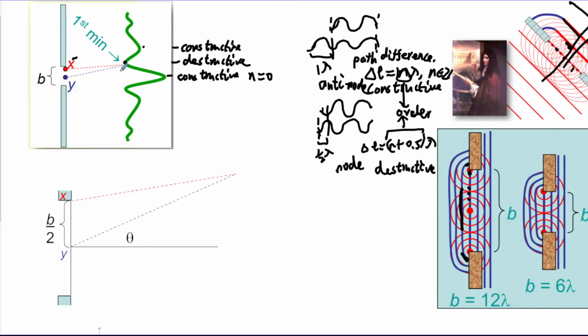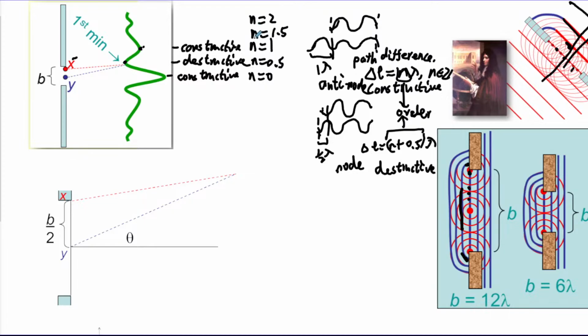The second one is a little bit off. The one in the middle is going to travel further than the one from the side, as seen in the picture, to this point. So for this one the path difference is going to be exactly one wavelength, and the next one is going to be exactly two wavelengths. That's the order. And in between, this one will be 0.5, 1.5. That's the order number.